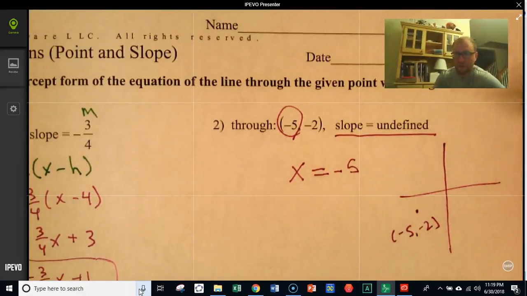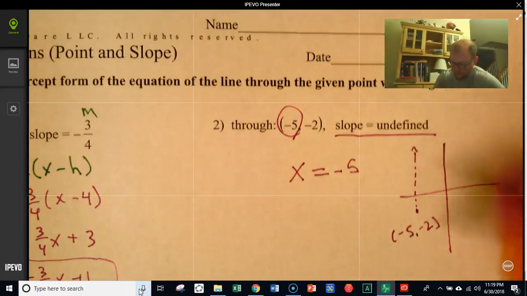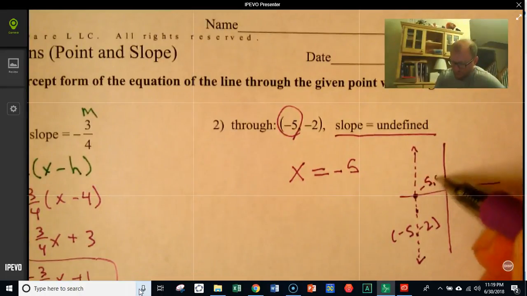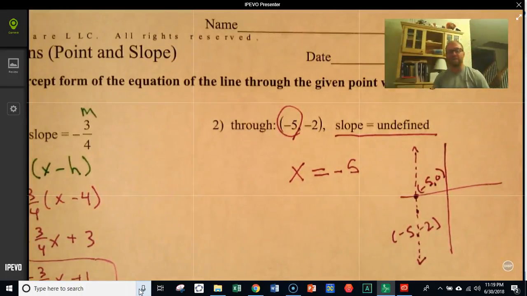Undefined means it's a line that just goes straight up and down, so it's like this. So it also passes through the point negative 5, 0. That's its x-intercept. So it's the equation x equals negative 5.